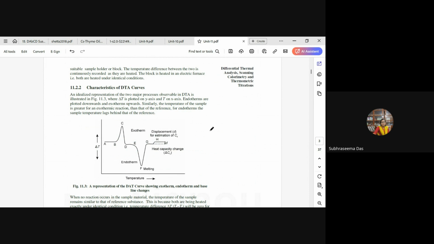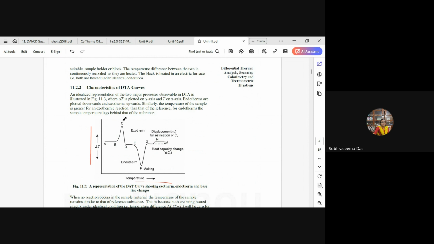Then coming to the characteristics of the DTA curve. A representation of a simple DTA curve is shown here in figure 11.3, with delta T on the y-axis and the temperature on the x-axis. The peaks that point downwards are the endotherms, and the peaks that point upwards are the exotherms.